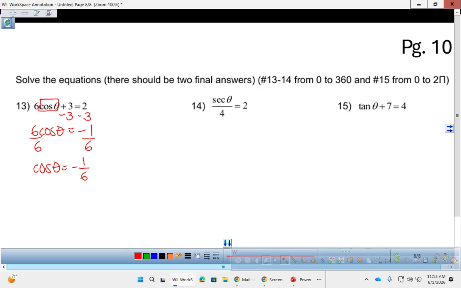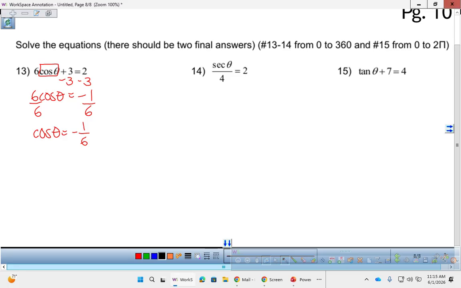Okay. Step 2, I like to now pick my quadrants because there's going to be 2 answers to this. And that's going to be based on this. Cosine theta is negative, negative 1/6. So cosine is positive in 1 and 4.